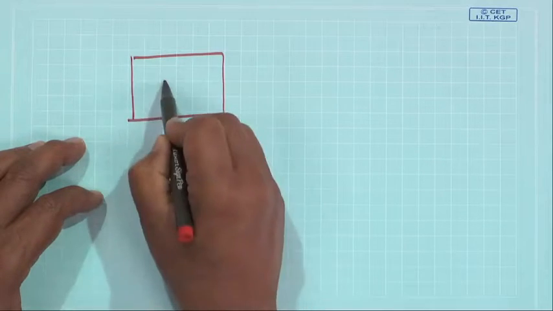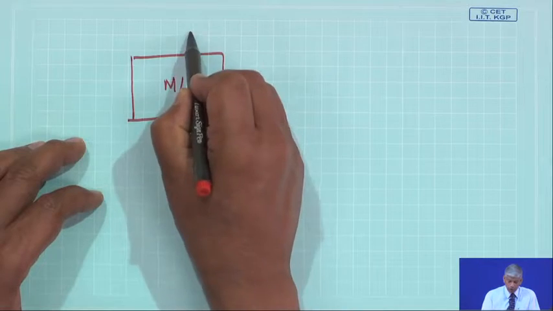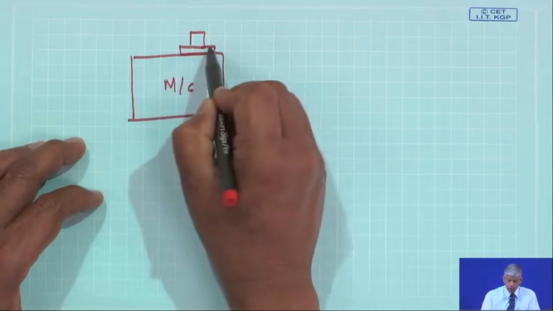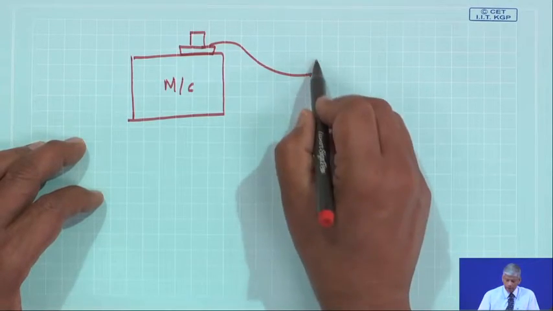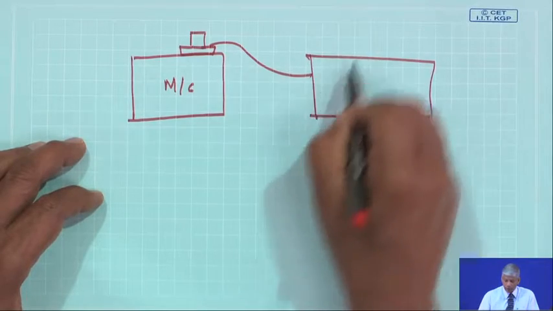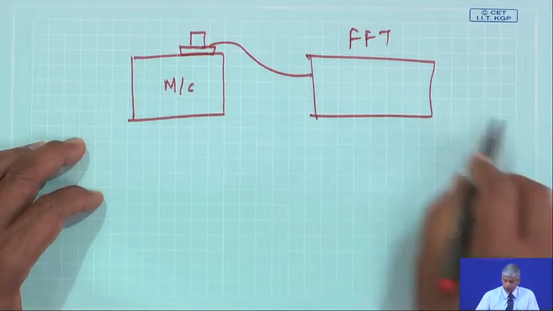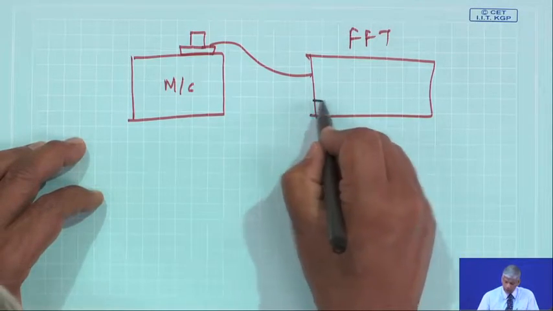Now, what are the available transducers for rotational speed? You understand the significance of measuring rotational speed, because when I am monitoring the vibrations in a system, you all know by now that if I have a machine, if I put a transducer to measure the vibration, and if I do an FFT of it, fast Fourier transform, I will see certain peaks.